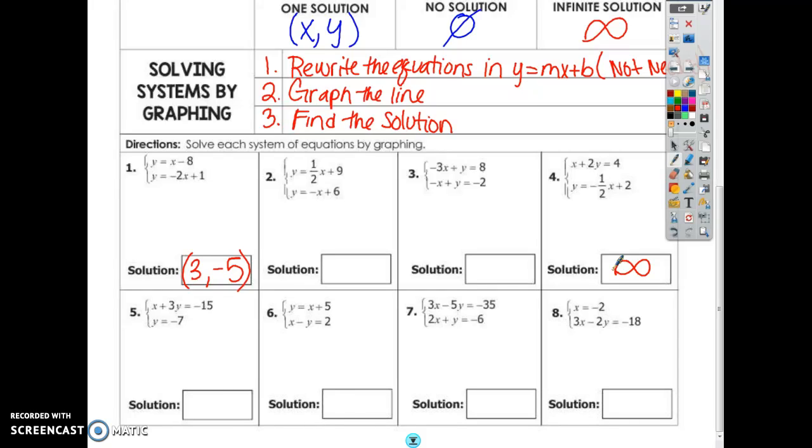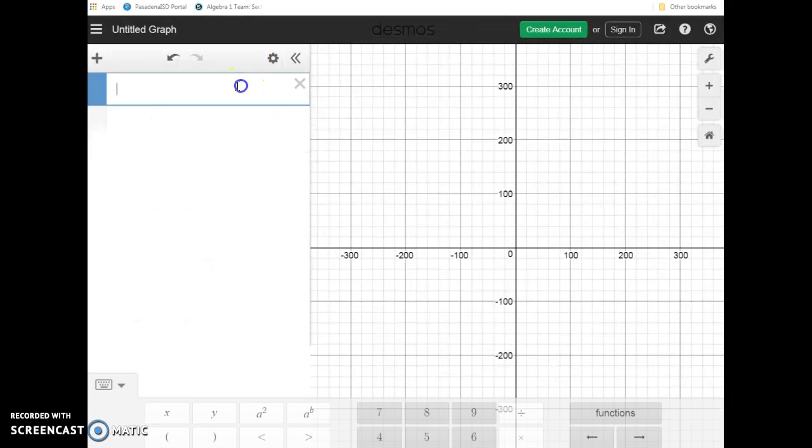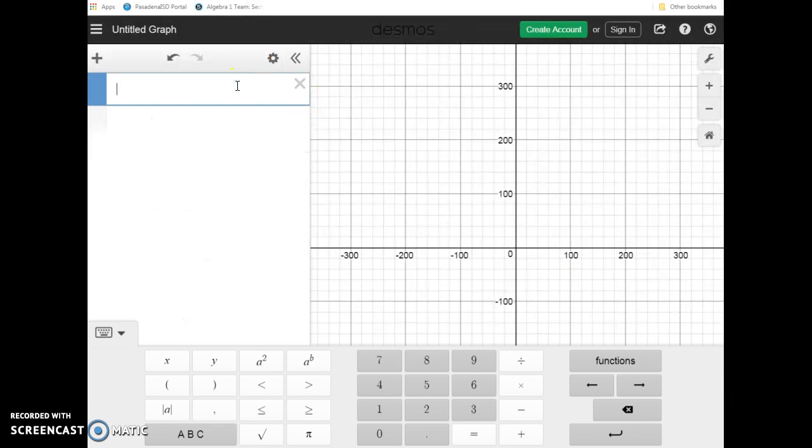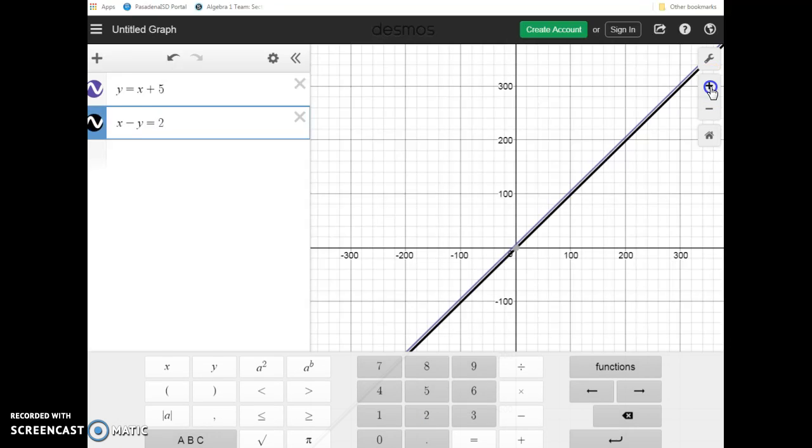Let's skip to number 6. We're going to go back to Desmos and see what kind of solution we get. Number 6, y equals x plus 5. And in the second box, we have x minus y equals 2. What happens to my lines?